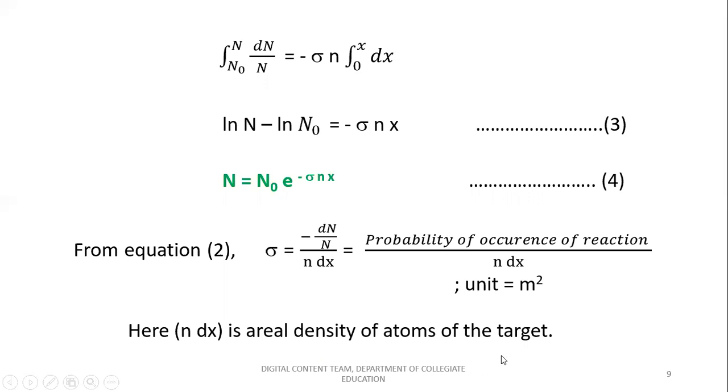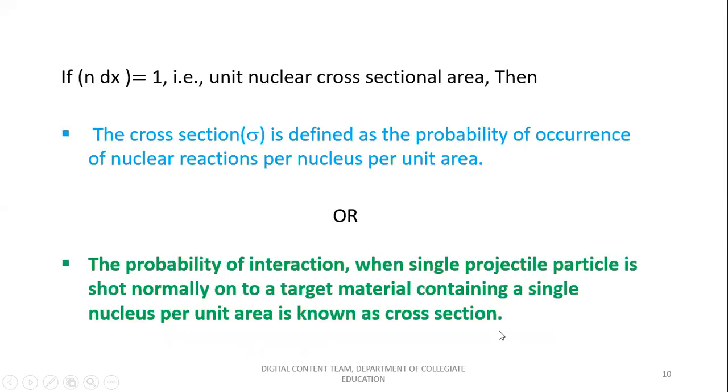So if it is considered to be unit value, then for unit area we can define the cross section as the probability of occurrence of nuclear reactions per nucleus per unit area.